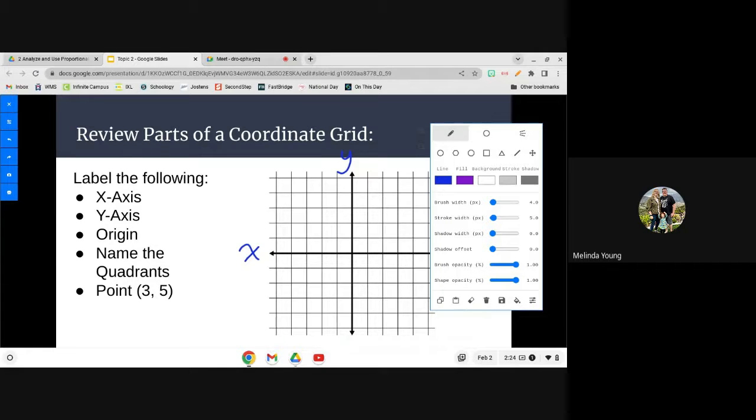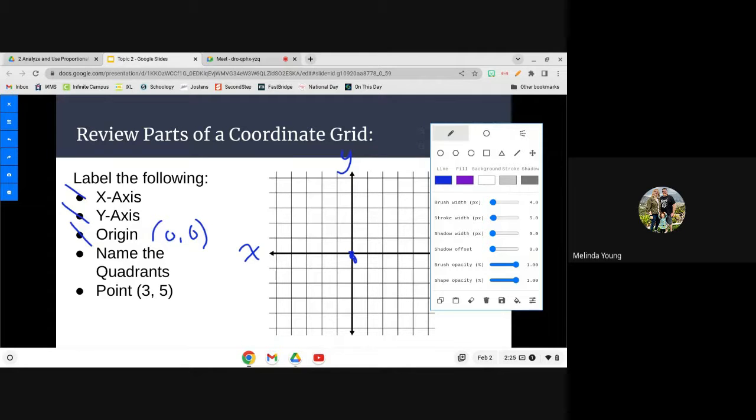So we've labeled that, okay? The origin is this point right here in the middle, okay? And that is also called 0, 0. Okay, so that's always going to be your starting point, especially when you are graphing. Now, most of what we're going to be doing when we're graphing this is working in the first quadrant.